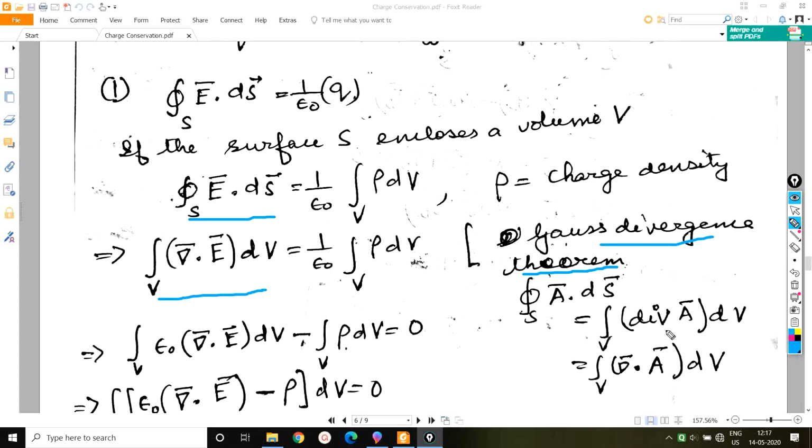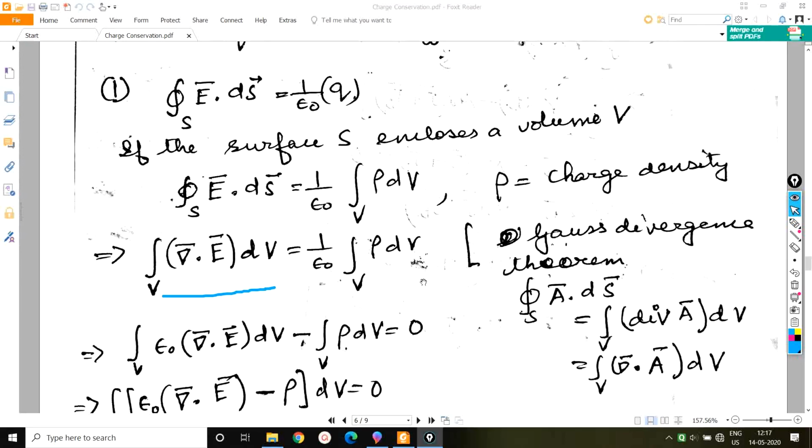Again I repeat that here it is divergence of A dv, there is no dot here, and volume integration of del dot A. Divergence can be written as div A or del dot A. So when you write this, we have the volume integration of del dot E dv; the surface integration of E dot ds converts to that. The right hand side remains the same.